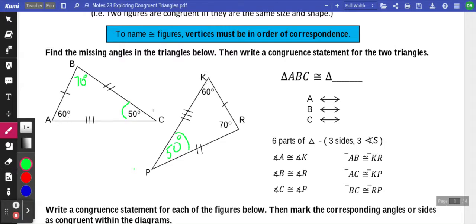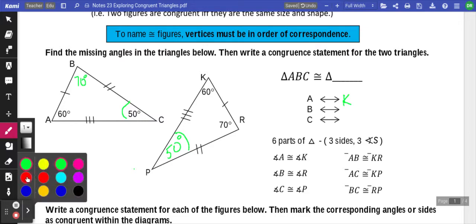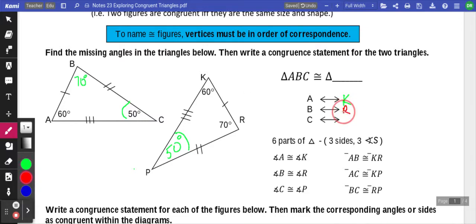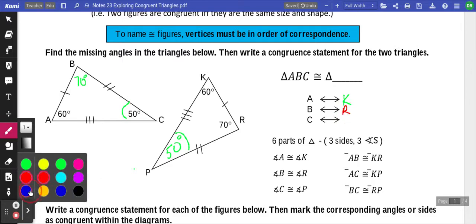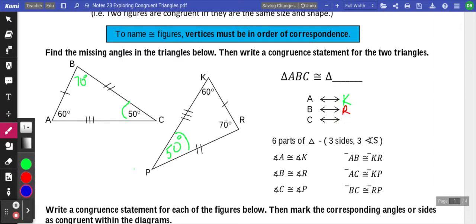So these two vertices correspond. Same would be true for the others. B is 70 degrees, so R is also 70 degrees, and we see that. And then likewise, C is 50 degrees, and P is 50 degrees, and so C and P correspond.